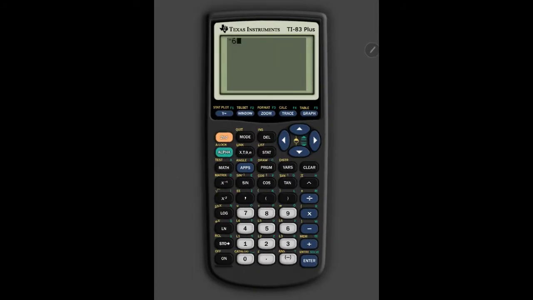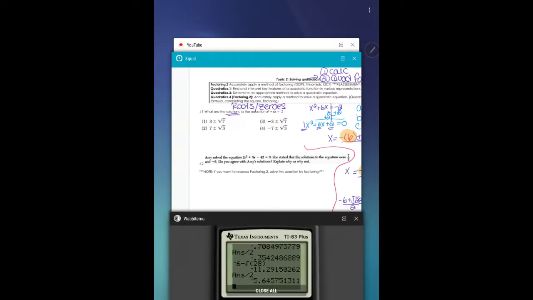Negative 6 plus square root 28 divided by 2, and negative 6 minus square root 28 divided by 2. Okay, so I get negative 0.35 and negative 5.64.